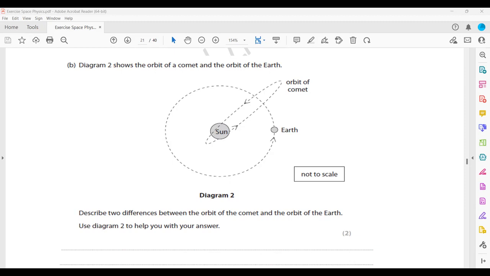So one point you can mention is more eccentric for the comet as compared to Earth, which is circular, and they have a different orbital path length.